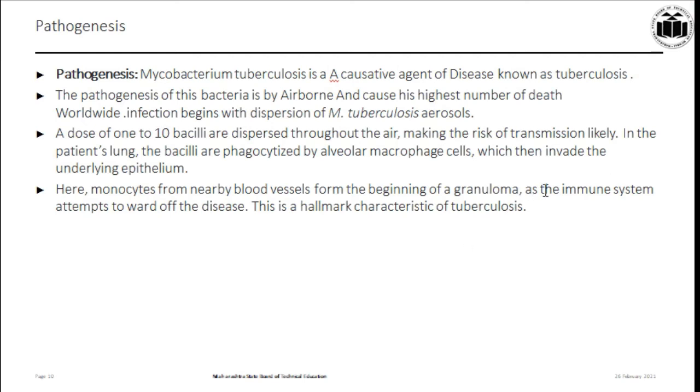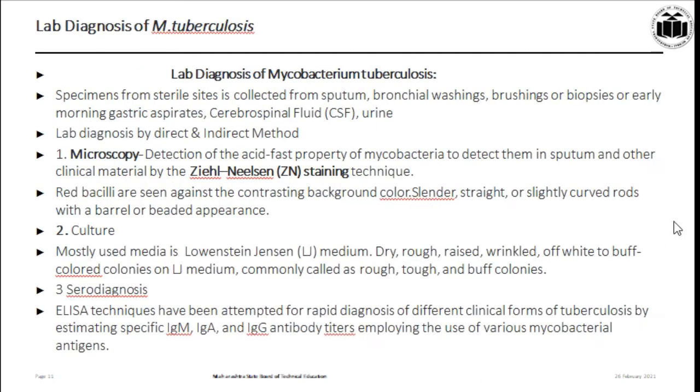So we have discussed the morphology, cultural characters and pathogenicity of Mycobacterium tuberculosis. Next we will discuss the lab diagnosis of Mycobacterium tuberculosis to detect the organism.